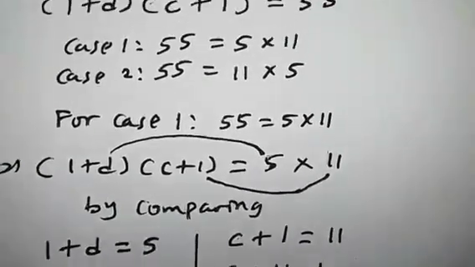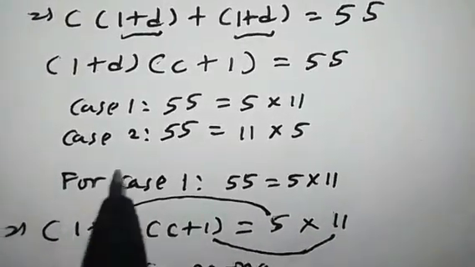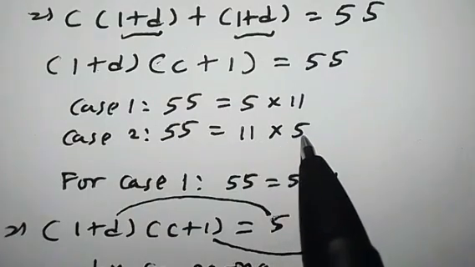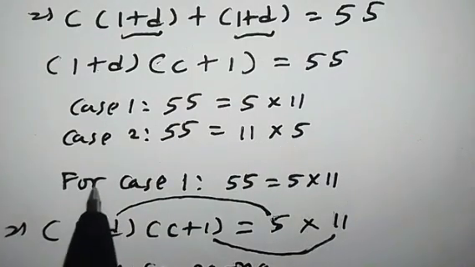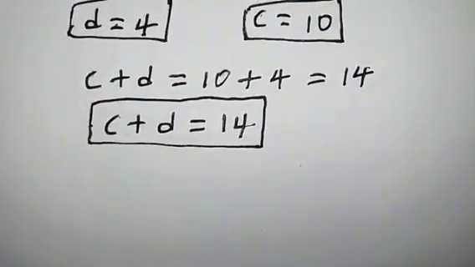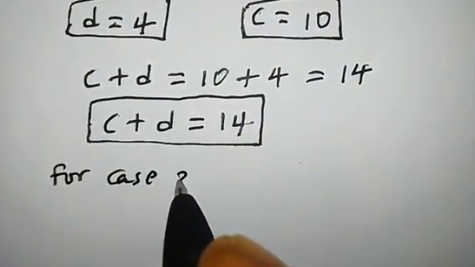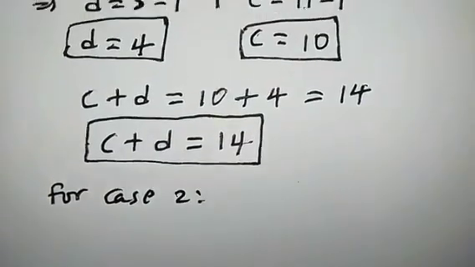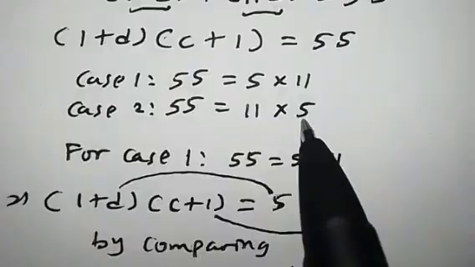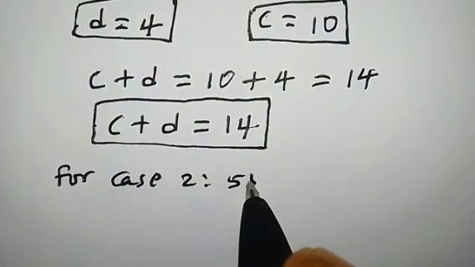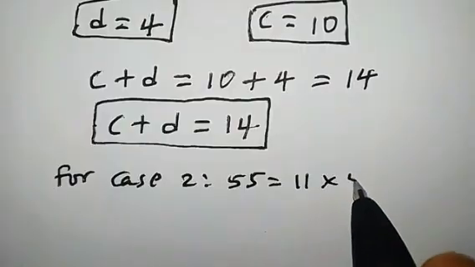Now, let us consider the second case. 55 equals 11 times 5. We will do the same thing as we did for case 1. For case 2, we have 55 equals 11 times 5.